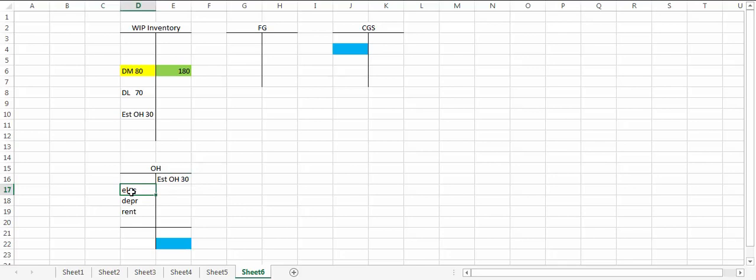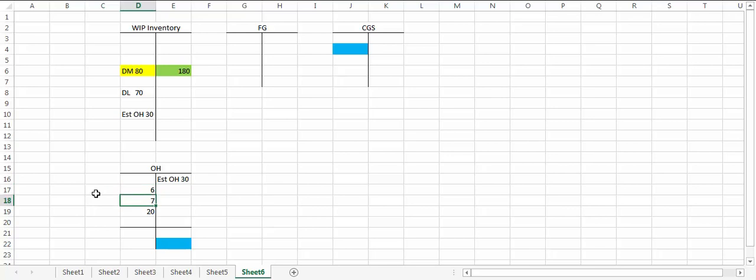So let me just give some numbers. Let's say that after the fact we find out that electricity was $6, depreciation on the machinery was $7, and the rent was $20, and that this represents all the actual overhead items. By the way, just think about this. For the electricity, I am debiting overhead, and I'm probably crediting cash or some other account.